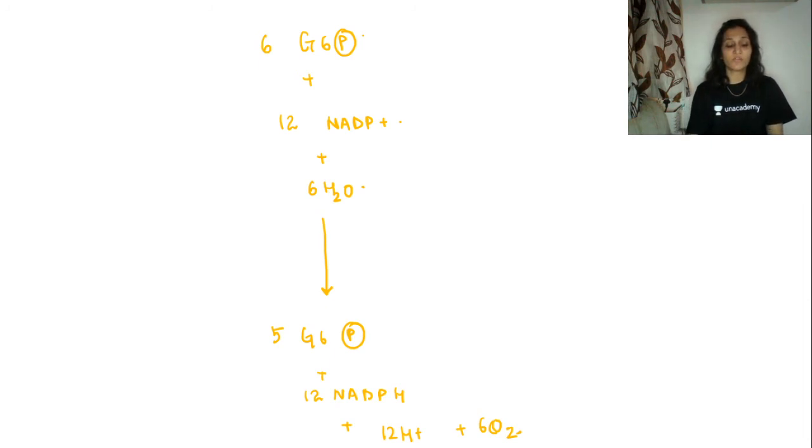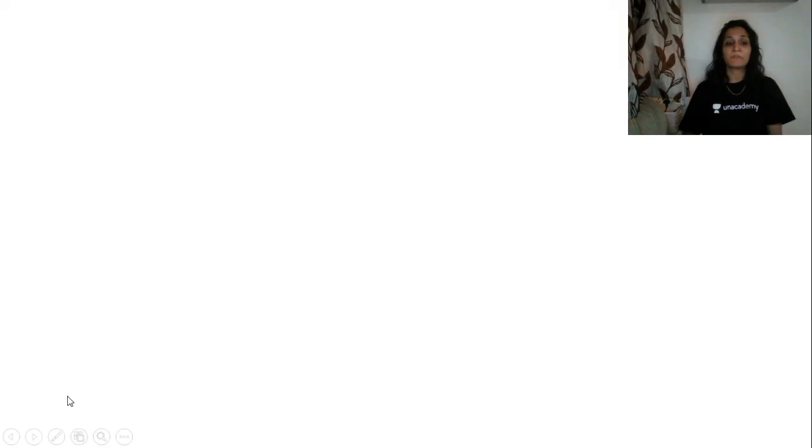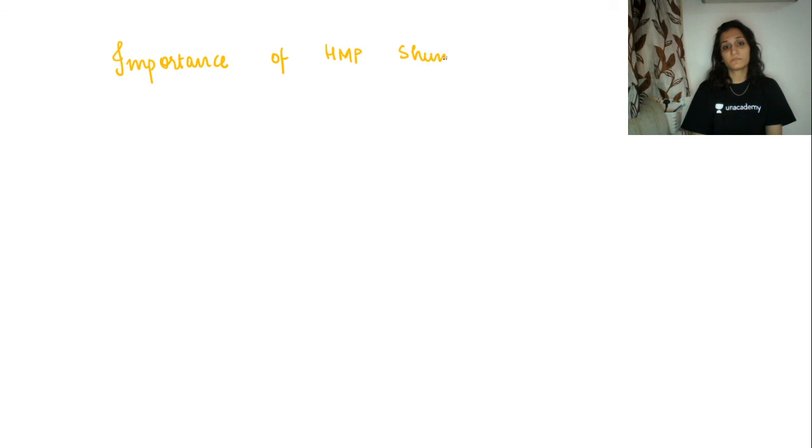Now we are also going to talk about the importance of the HMP shunt lastly. So what is the importance of the HMP shunt? NADPH is formed in this whole process. We have seen many utilities of NADPH. Another utility of NADPH is that it is a source of reducing energy.